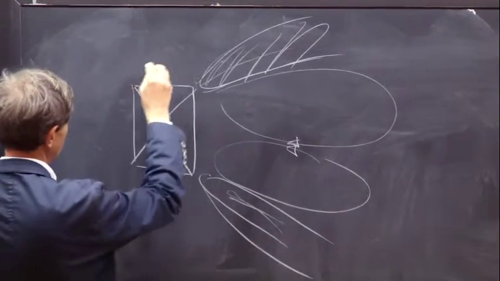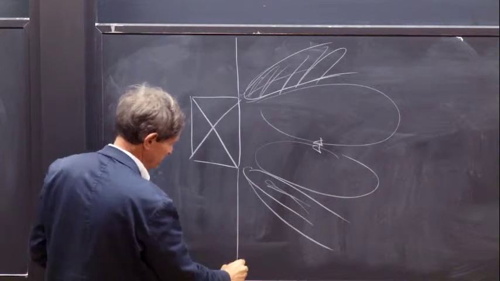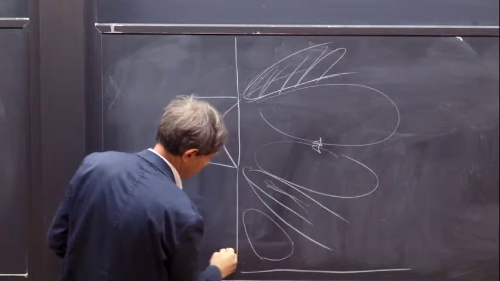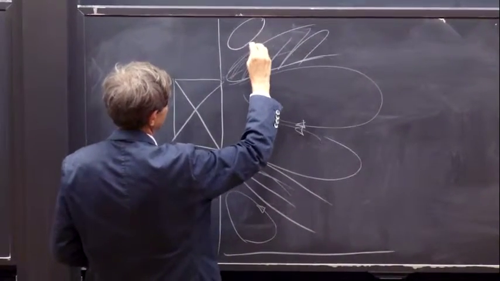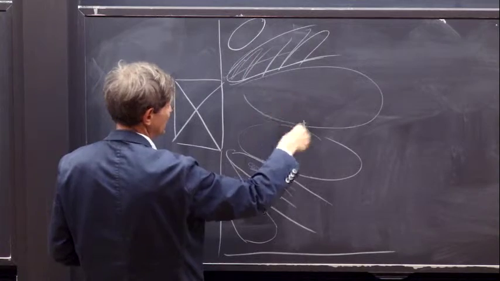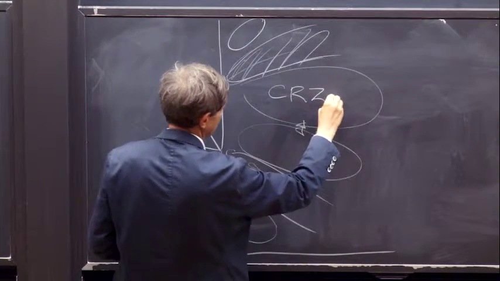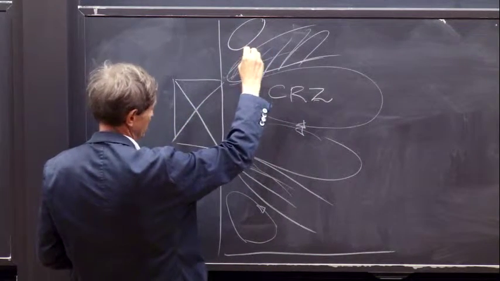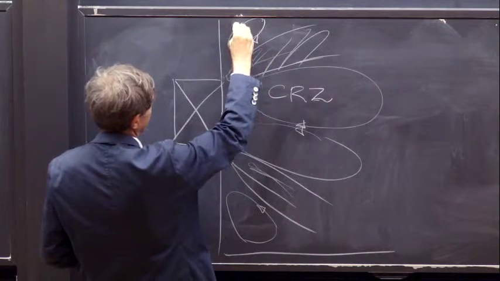In addition, usually this is placed in a backplane, and you have also regions of recirculation which develop on the sides. So you have a central recirculation zone, and you have also lateral recirculation zones, which are like that.